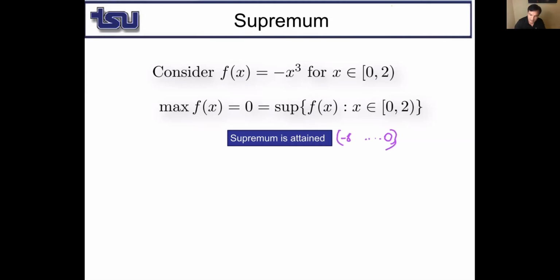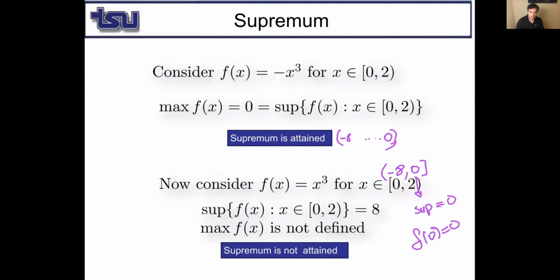So the set is (-8, 0], right? And the supremum of this set is clearly 0. Well, we also have f of 0 is 0. That means sup is attained by this function.